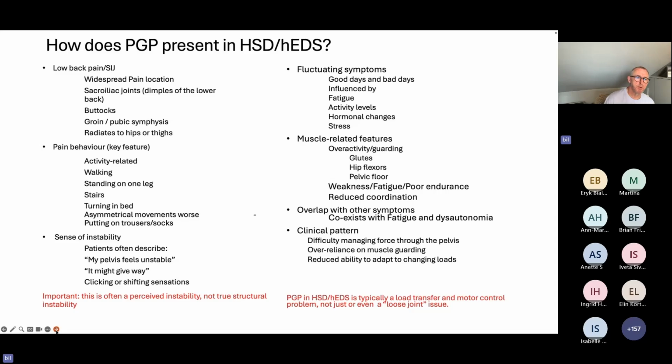Asymmetrical movements are worse, putting on trousers or socks, anything with a torque through the pelvis. The patients often have a sense of instability, and I think that's really important because sometimes there is not a true structural instability there, but it's a perceived sense of unstableness that they might give way, which is quite frightening and scary. They often get clicking and shifting sensations, which sometimes have been almost dismissed by medics.